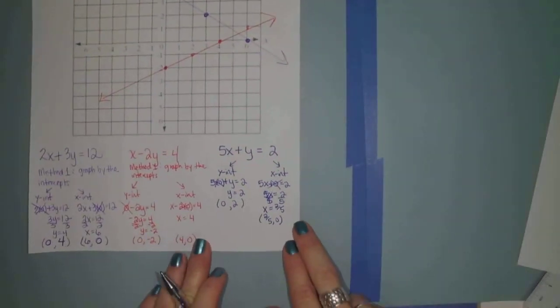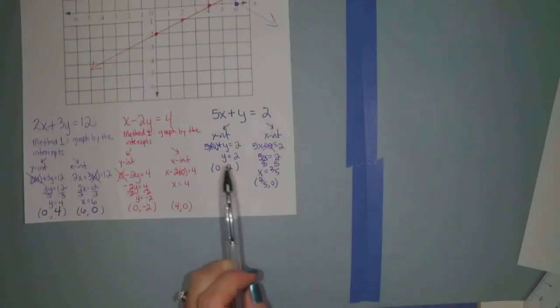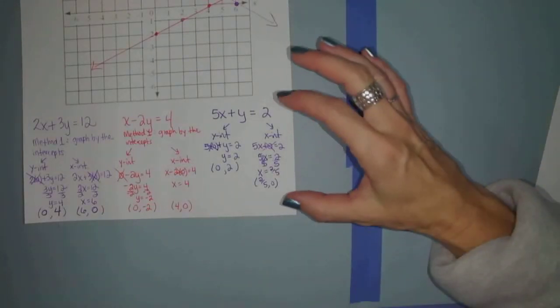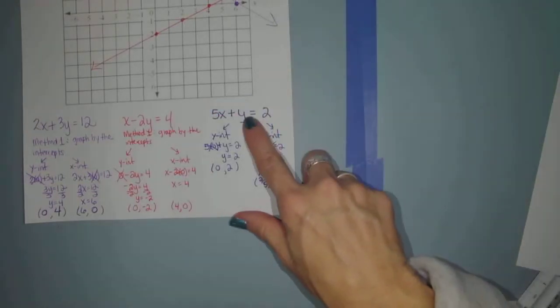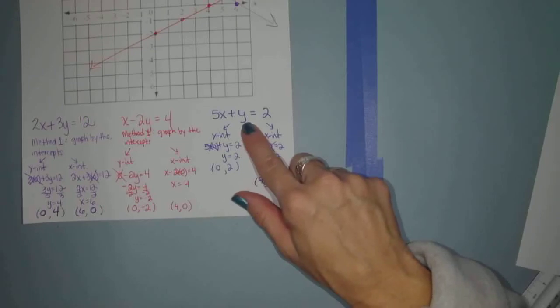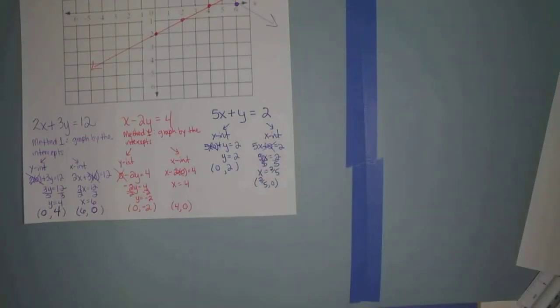Now, this is a case where if one of your intercepts comes out not so nice, like if you say to yourself, listen, I'll graph 0, 2, but graphing 2/5, 0 isn't going to be as easy, this might be the perfect time to forego the intercepts and solve the literal equation for y and just graph it from slope-intercept form. So watch how easy this is.